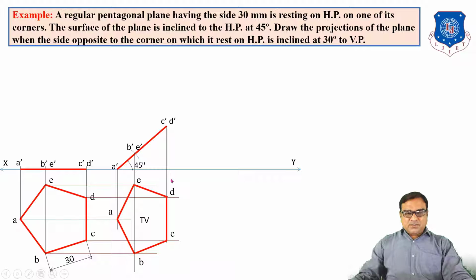Now in this top view, only one side CD will be true length 30 mm, and all the remaining sides will be reduced.